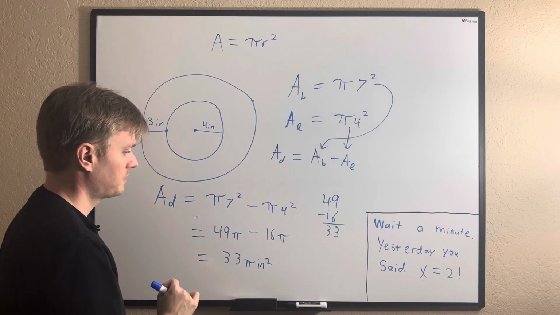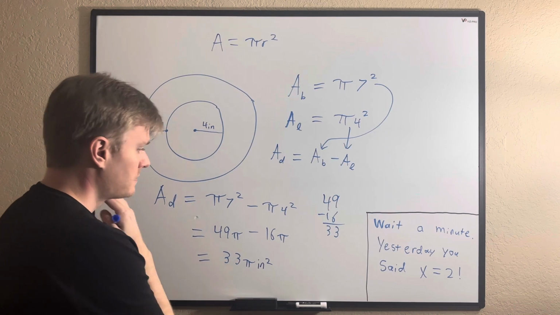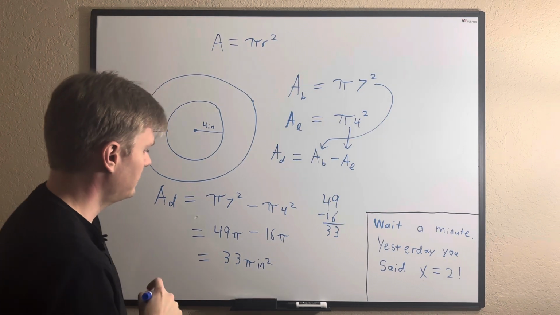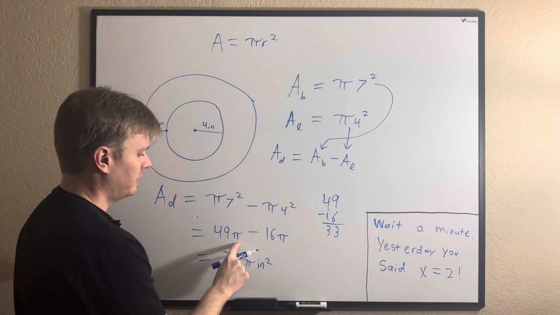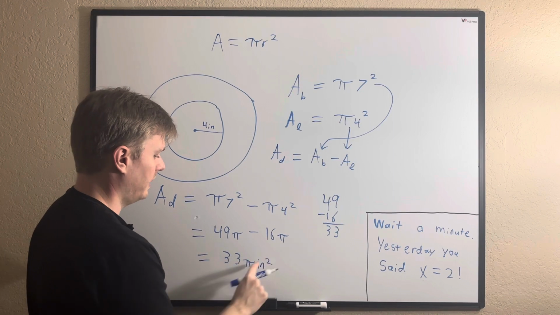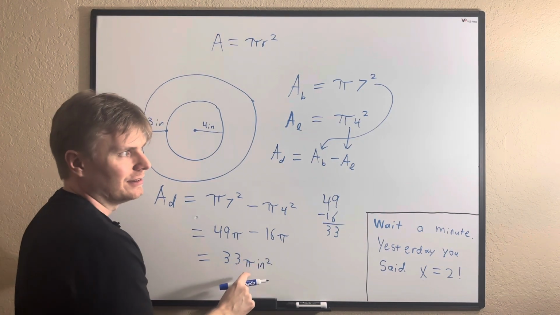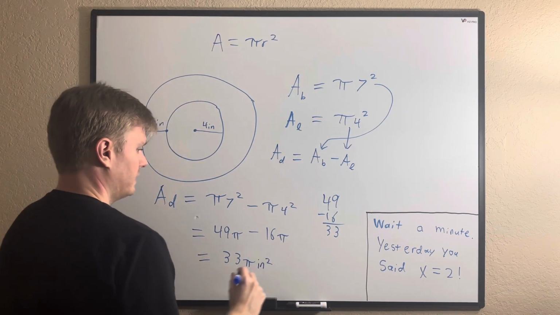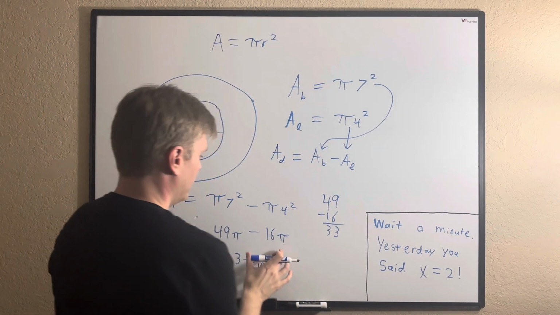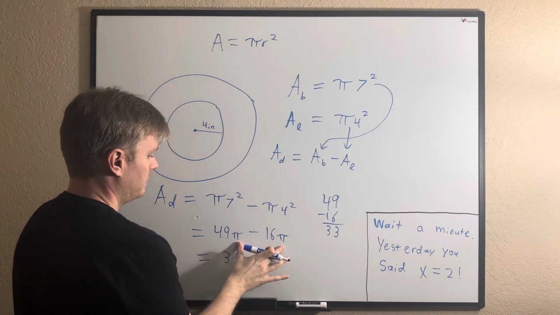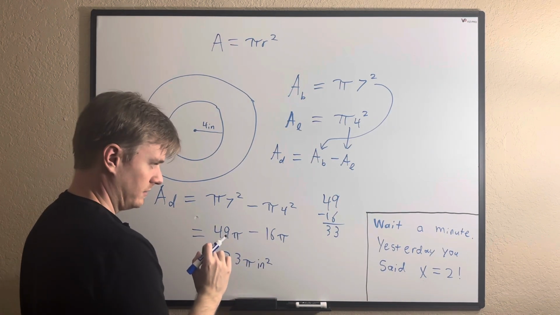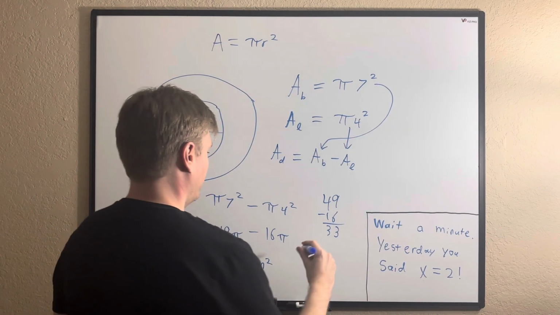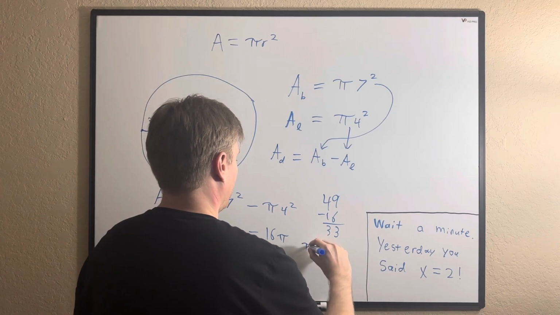In fact, I should go into that. Why is it when you subtract 49 pi minus 16 pi, we're not left with pi squared or 2 pi or anything? Well, distributive property from the previous video, except in reverse. So we can factor it out. We'll get into factoring later, but just want to explain why that is.